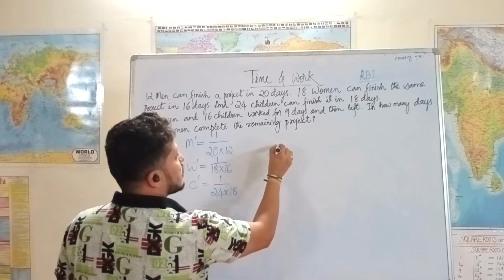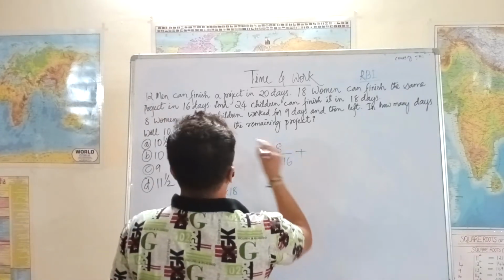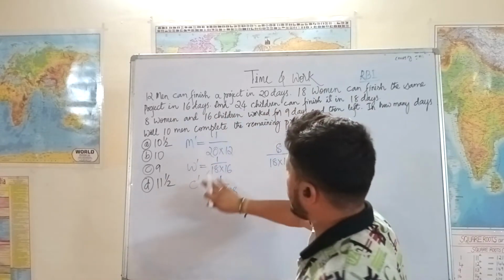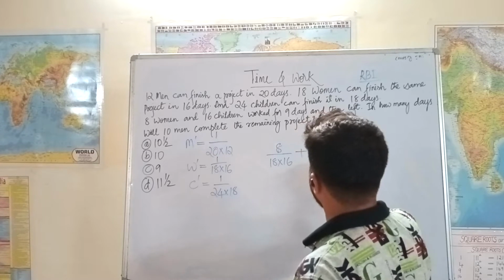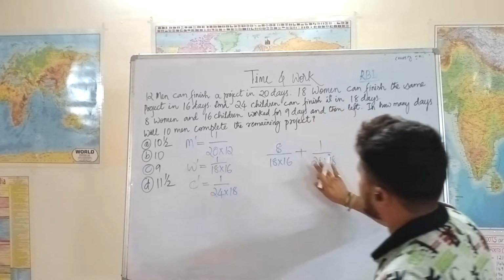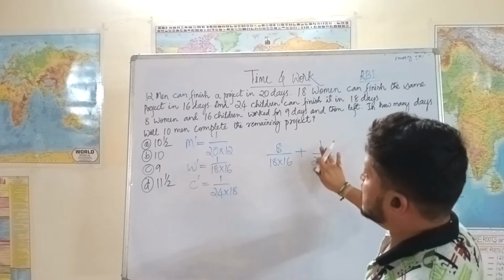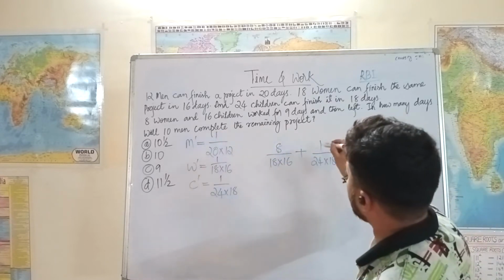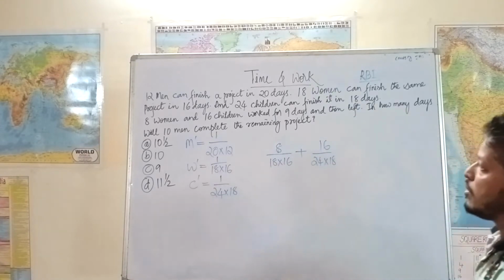I am writing it directly as 8, plus the 16 children's work. Each child will complete 1 by 24 into 18, the work done by each child in one day. But we have 16 children, so I multiply this with 16.